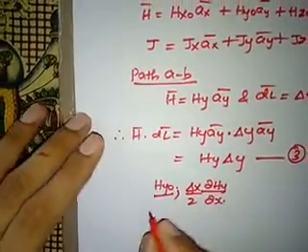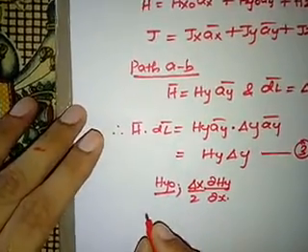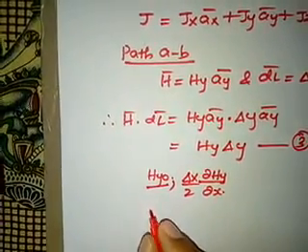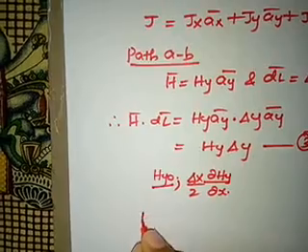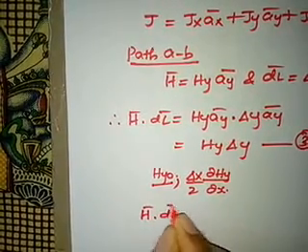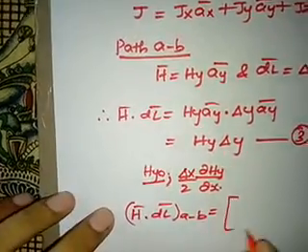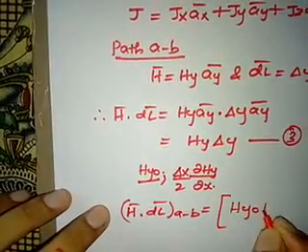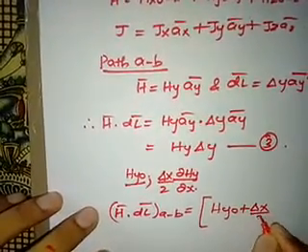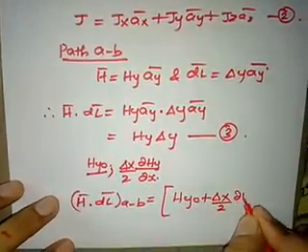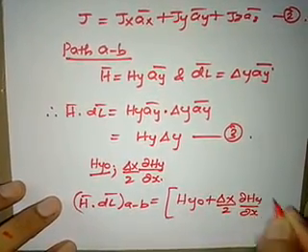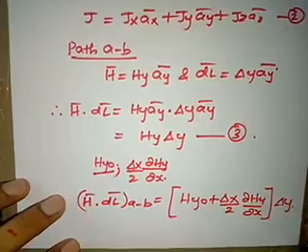Okay, so the component now, that is H dot dl along A to B, will be Hy0 plus delta x by 2 into ∂Hy/∂x into delta y.